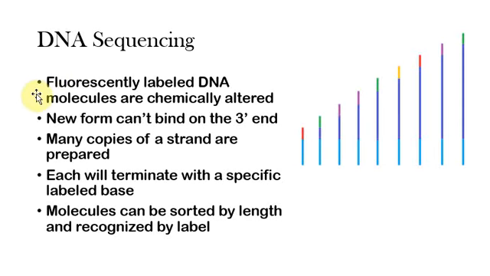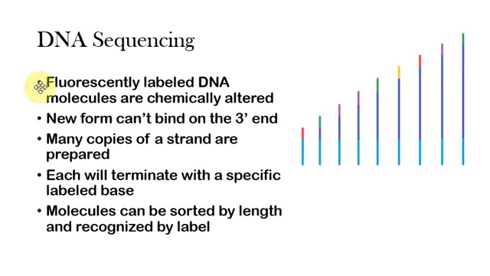Essentially the most common method that is used is called the dideoxy chain termination method, and you don't really need to know what that means. Dideoxy is, as opposed to deoxyribonucleic acid, a further chemical change that's going to be used, and chain termination is going to be at the end of the chain.